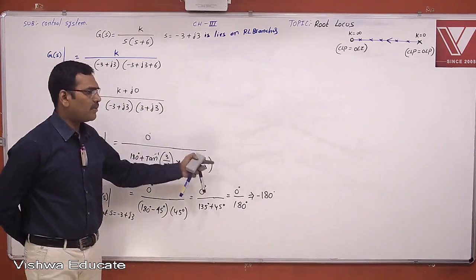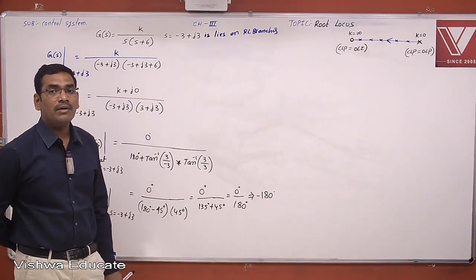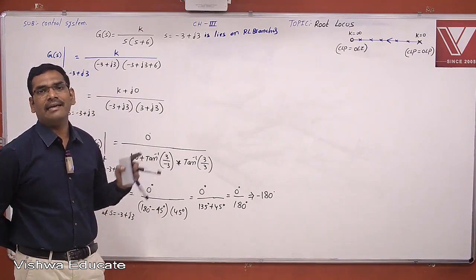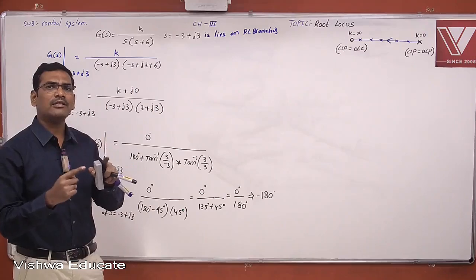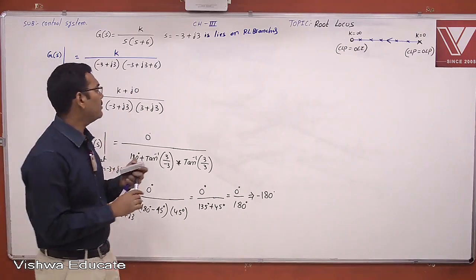Yes, this particular point lies on the root locus branches because it satisfies the angle condition. Satisfying the angle condition is the link between open loop and closed loop.